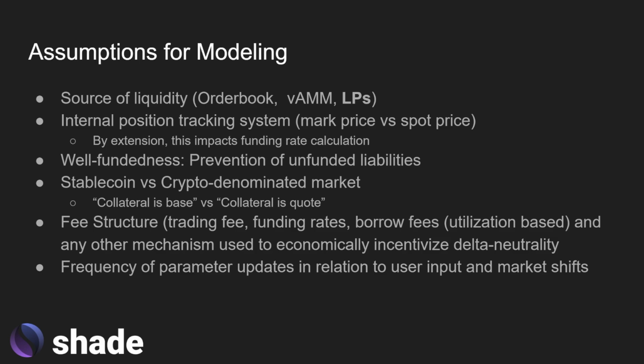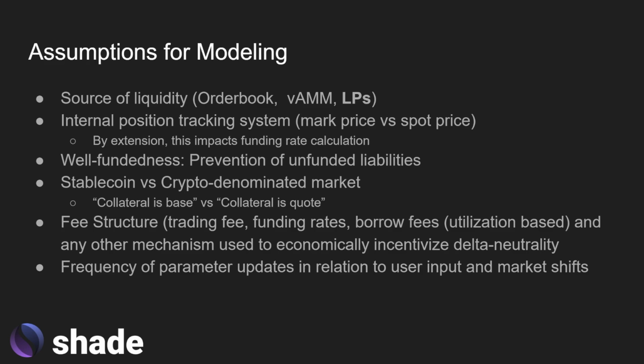Another assumption is how the protocol is going to maintain internal position tracking. There are two main ways this is done, either via a mark price or a slipped spot price. I'm not going to go into details about all of their differences, but for context, mark prices that are used by really popular perpetual swap exchanges like GMX are impacted by funding payments, funding rates.